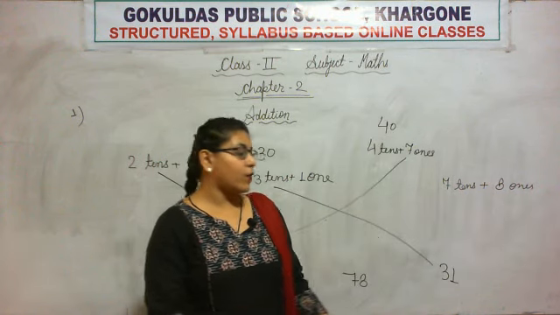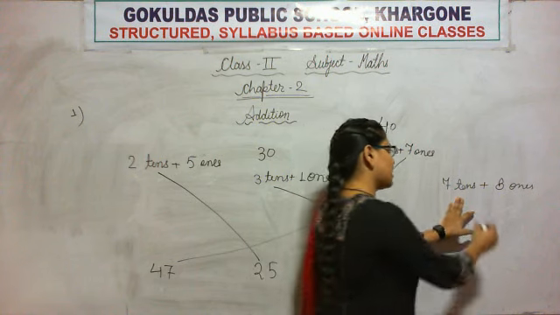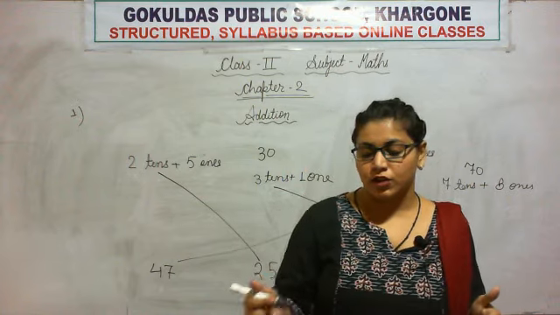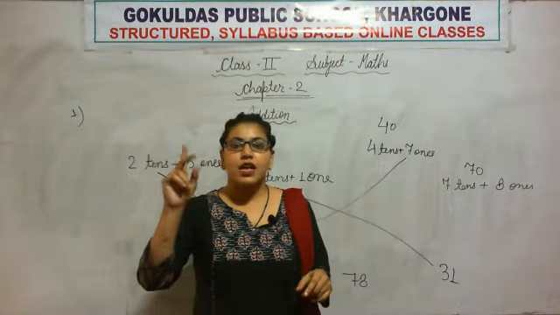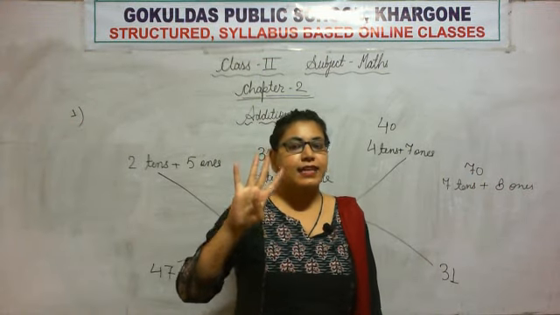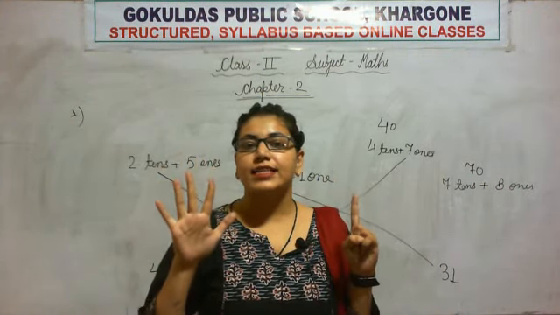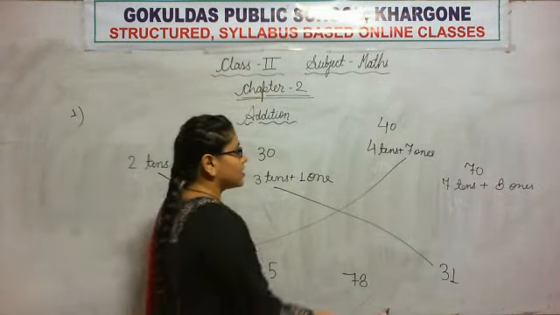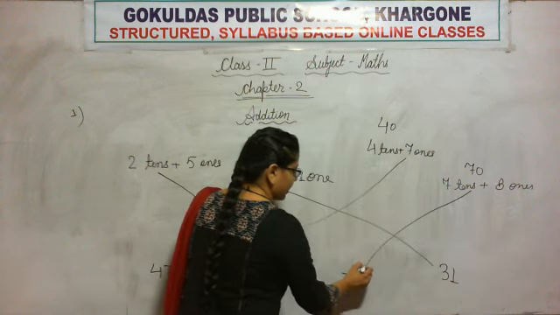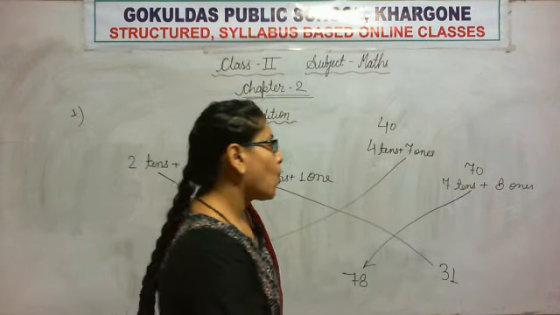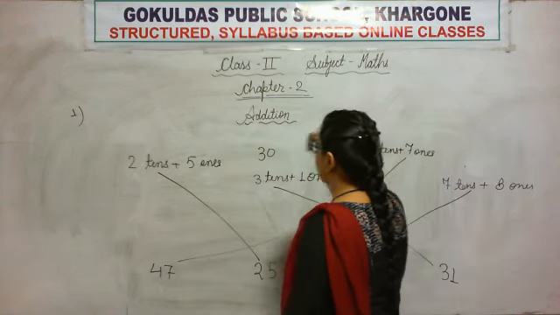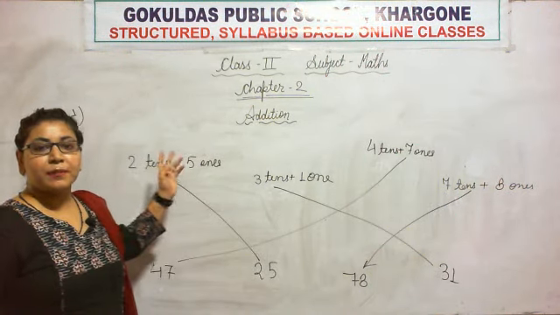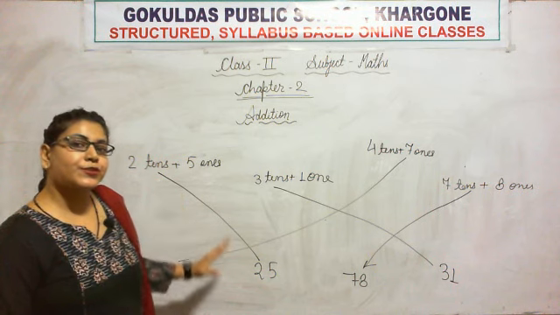What does 7 tens mean? 70. Very good. Plus 8 ones. We have to count 8 forward: 71, 72, 73, 74, 75, 76, 77 and 78. So 7 tens and 8 ones means 78. This is how we will match these columns. I didn't make birds and nests here, I just solved.